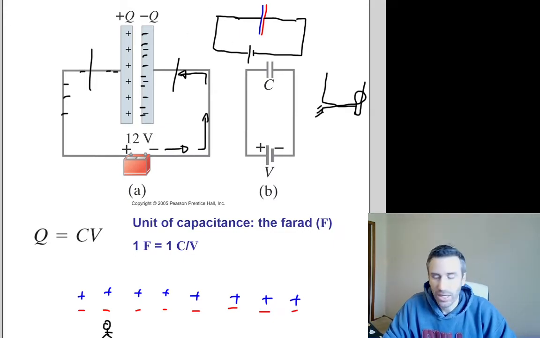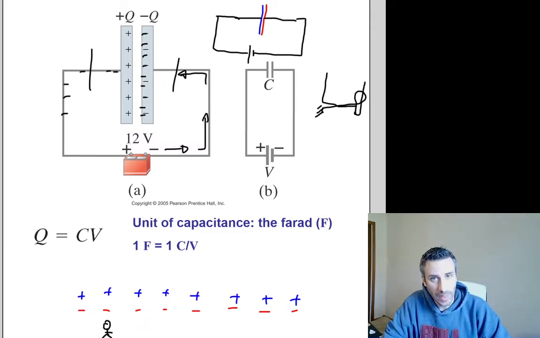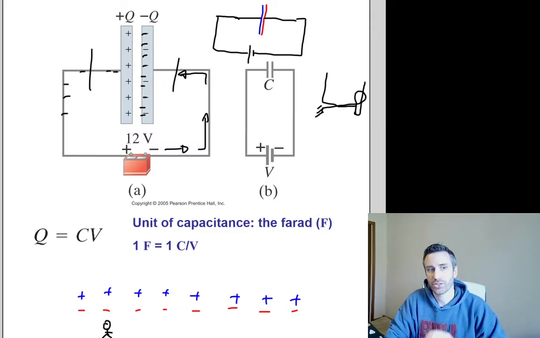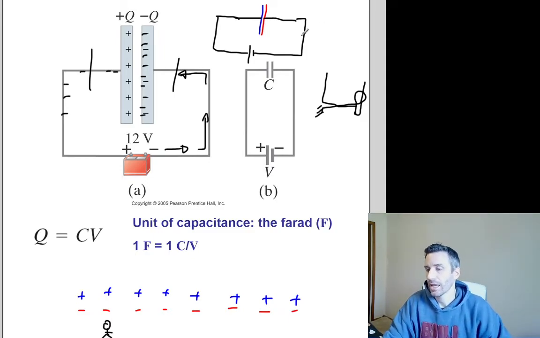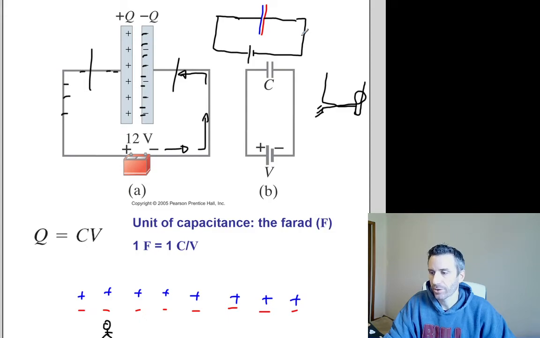So the idea behind a so-called supercapacitor is to get a capacitor that has such a high capacitance that it will have a similar energy density to that of batteries.